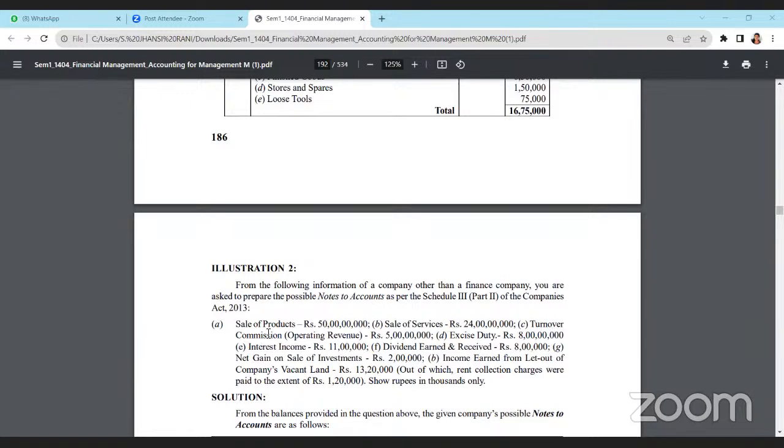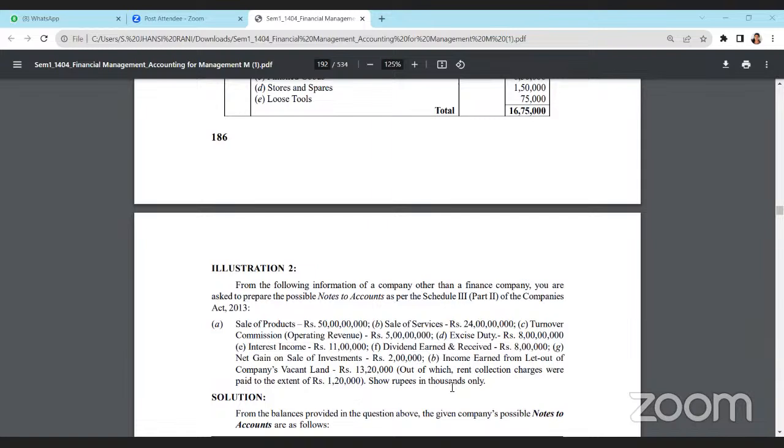We have sales of products, sales of services, turnover commission, that is operating revenue, excise duty, net income, dividend earned and received, net gain on sale of investments, income earned from letting out the company's vacant land, out of which rent collection charges were paid to the extent of 1,20,000.